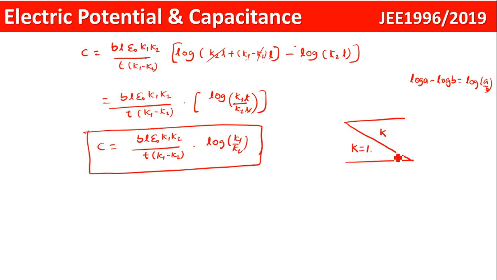So just substitute K1 is equal to K, K2 is equal to 1, and you will get C is equal to BL epsilon naught K1 K2, when K1 is K and K2 is 1, divided by T into K minus 1 into log of, what is K1 here? K. What is K2 here? 1, or you can say log K.